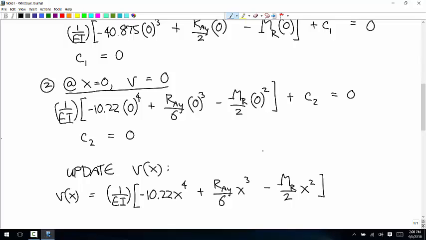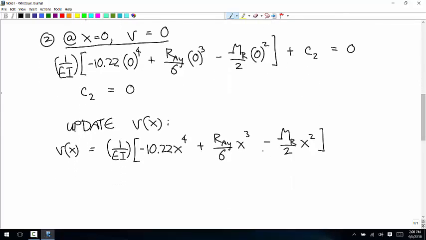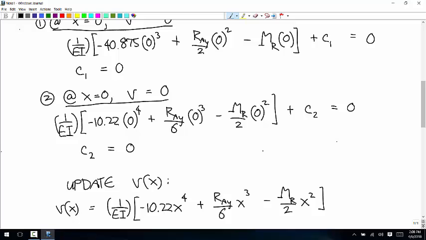And we've already dealt with, we found out that C1 and C2 are both equal to 0. We've already used these two equations, and they gave us those constants. So those aren't equations that we have sitting around anymore. We've already used them. Okay?